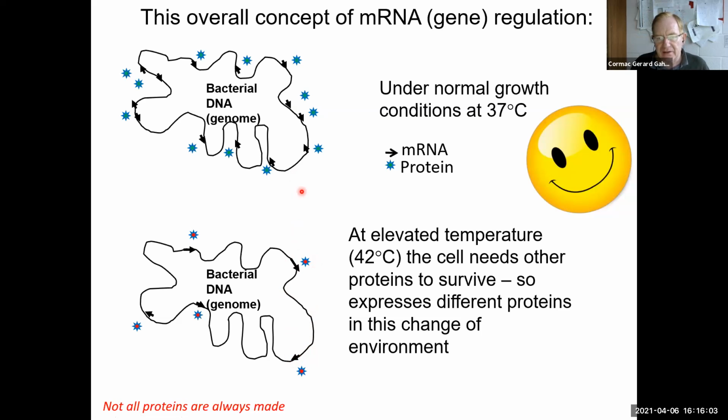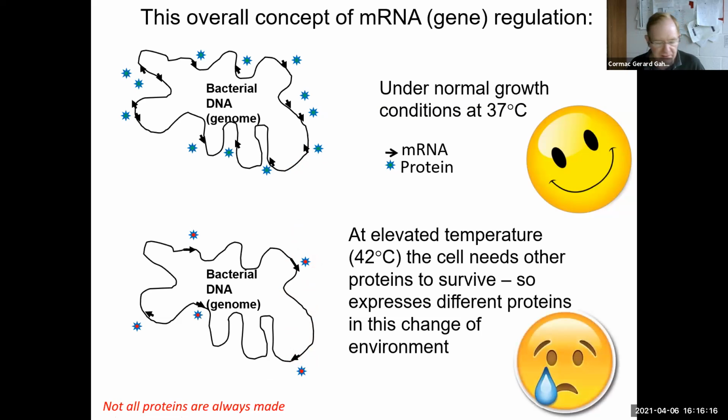So in other words, the cell will switch off. You can see it's not making this protein anymore, but it starts to make a different protein to help it survive. Okay, and you can see that under these conditions, the cell is a bit unhappy. But the concept I want to make is that it switches protein expression. It starts to make proteins that help it survive the stress of high temperature.